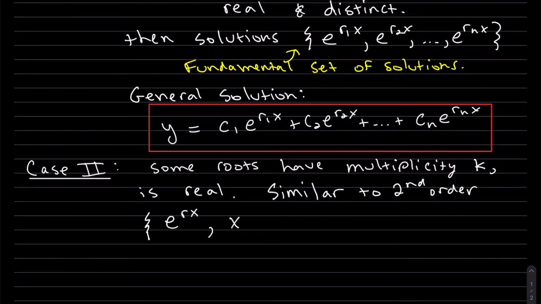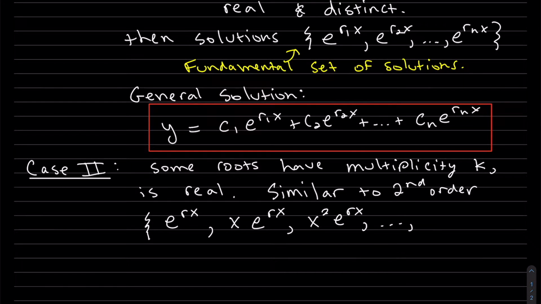And then our second one, just like the second order, is x e to the rx. And then our third will have to be the next highest power, another x, x squared e to the rx, all the way to x to the k minus 1, e to the rx.